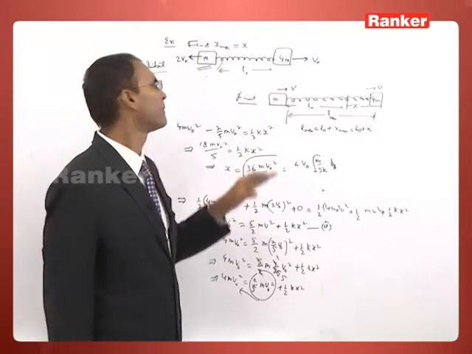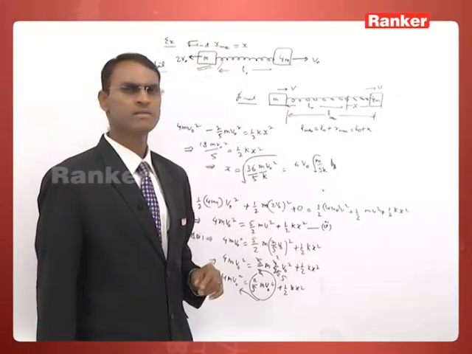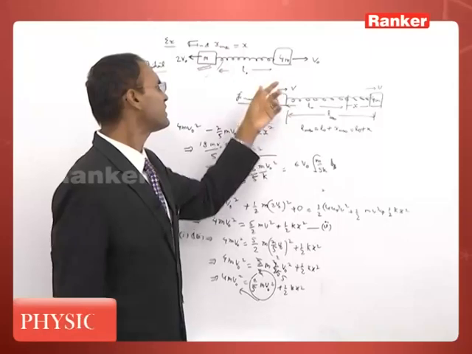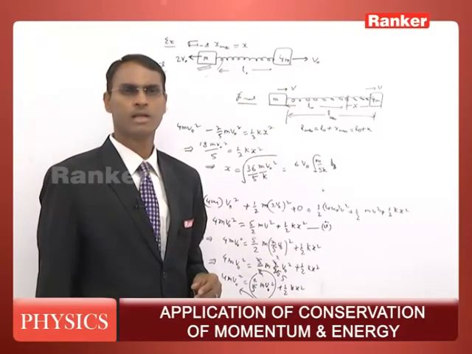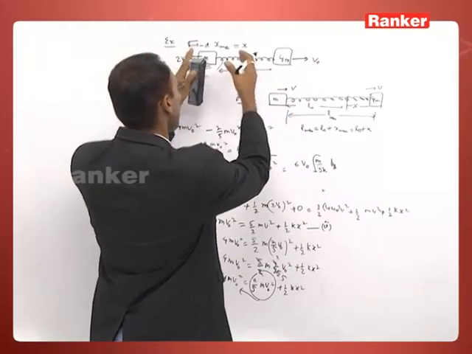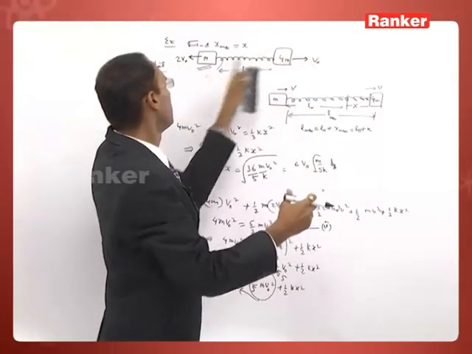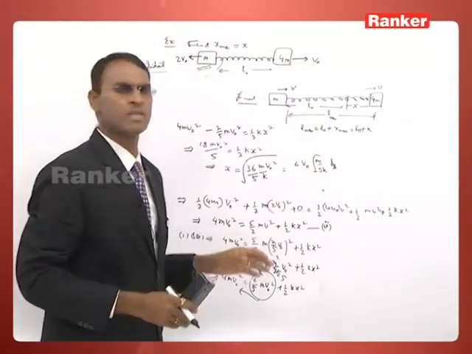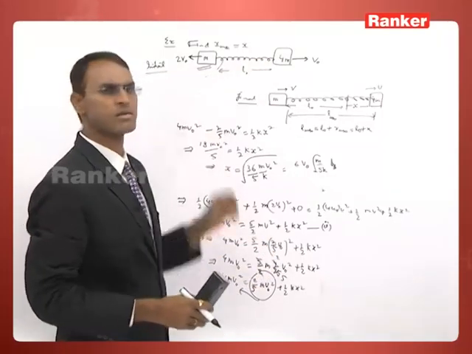Initially we have kinetic energy but no potential energy if the spring is relaxed. But in some problems they may compress or elongate the spring and at the same time they will give some velocities to these blocks.